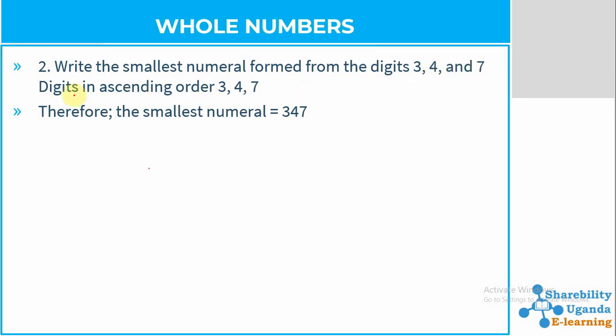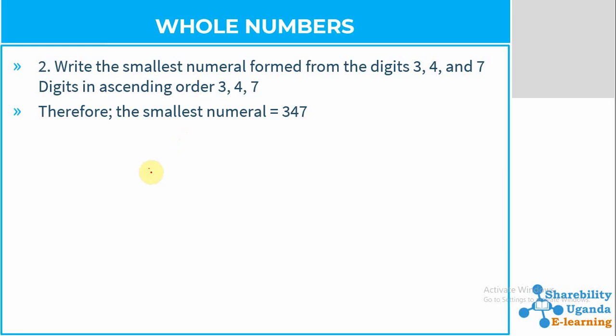So in ascending order, we have a 3, we have a 4, we have 7. So they talked about the smallest.